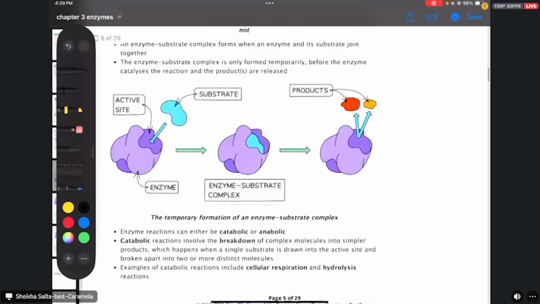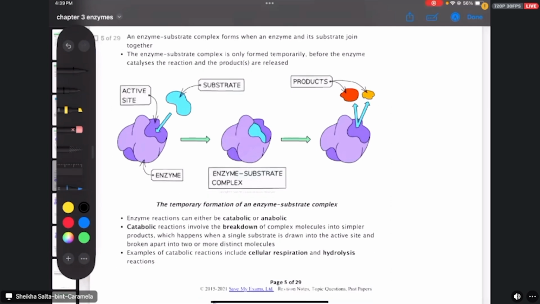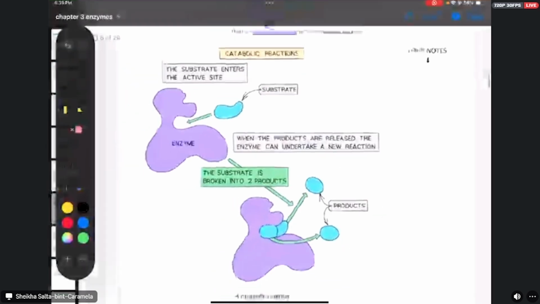As I said, enzymes can perform two types of reactions. They can perform catabolic reactions, which is the breaking down of a substrate to form two other products, or maybe three. And then there are anabolic reactions. This is the catabolic reaction example right here.